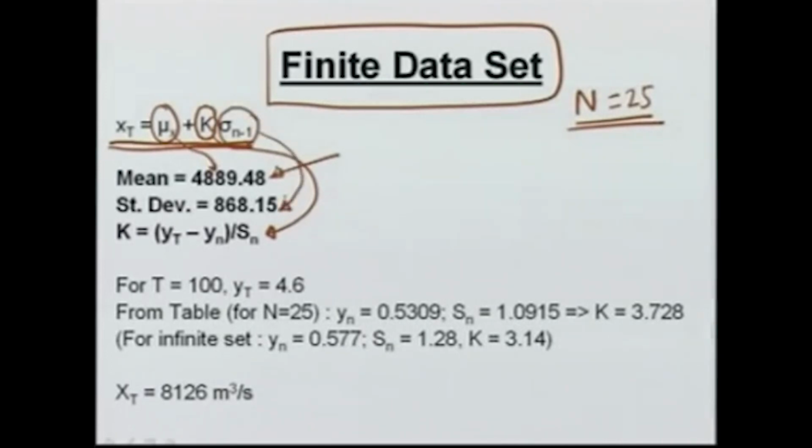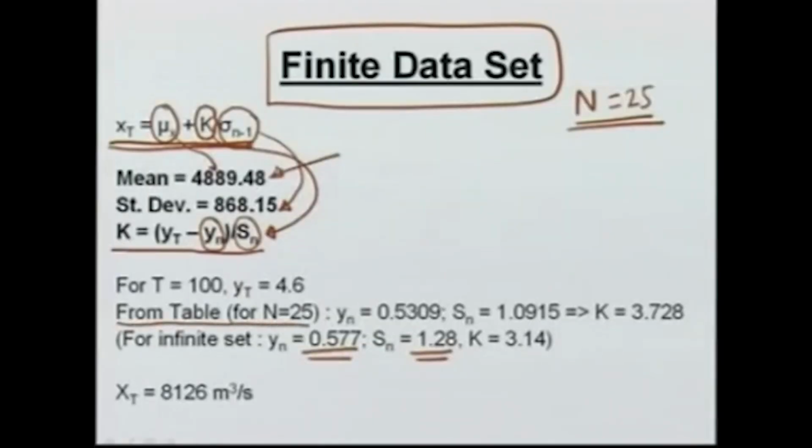But now this K, instead of having a value y_n and S_n, which were earlier given as 0.577 and 1.28, instead of these values, now they will depend on how many years of data we have.